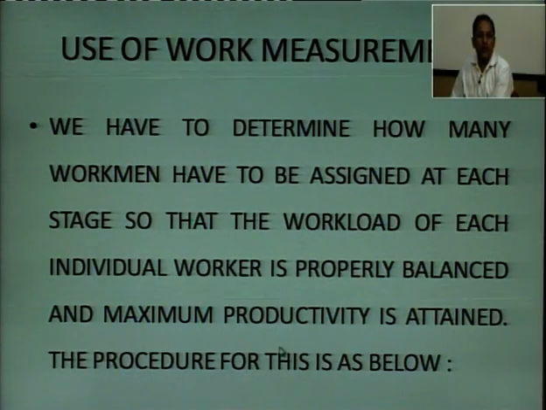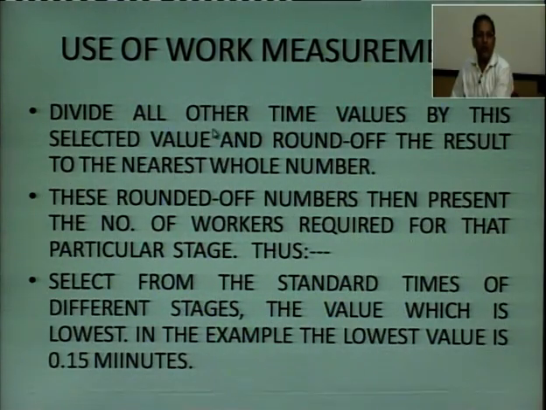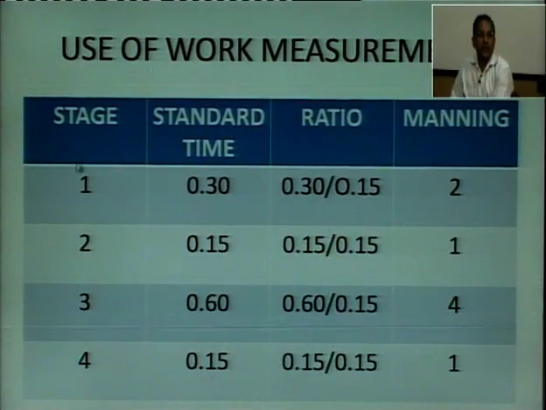The procedure for this is as follows: divide all other time values by this selected value and round off the result to the nearest whole number. Like for stage 1, the standard time is 0.30, the minimum time is 0.15, so the standard time is divided by the minimum time, that is 0.15.